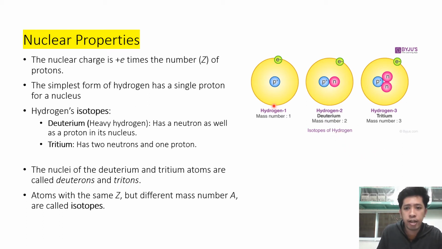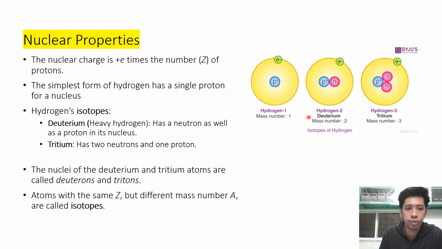Again, the nucleus of your hydrogen is only composed of a proton. The next simplest form of hydrogen, the deuterium, is composed now of your proton and then your neutron. The next one, the tritium, has 2 neutrons and 1 proton.